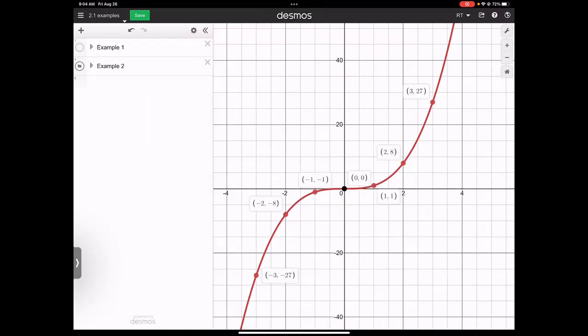Yeah, everything. Why? How do you know? Okay, the ends keep going. What I see here in the middle is this nice smooth curve, but nothing's left out or skipped over. And the ends keep going, right? We got one pointing down to the left, one pointing up and to the right.